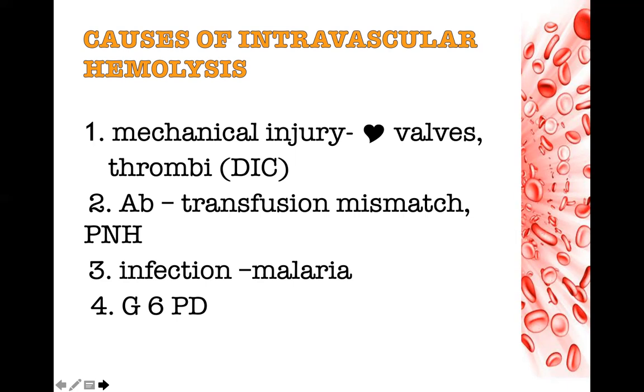It may be a result of an antibody like what we see in transfusion mismatch. You may also see this in paroxysmal nocturnal hemoglobinuria, or maybe secondary to an infection like what we see in malaria, or fourth, maybe inherent, like a membrane defect like in G6PD deficiency, glucose-6-phosphate dehydrogenase deficiency.